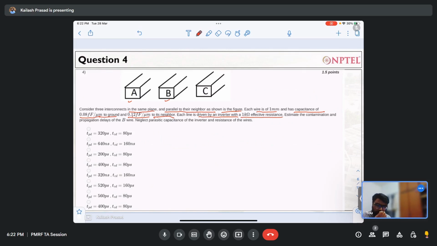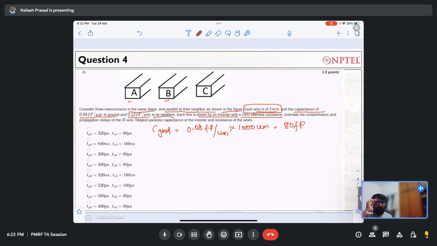Right, so in the question it has been given that the C ground is 0.08 femtofarad per micrometer, right? And you can see each of the wires is 1 millimeter, so we can multiply this with 1000 micrometer and you will get the capacitance as 80 femtofarad.